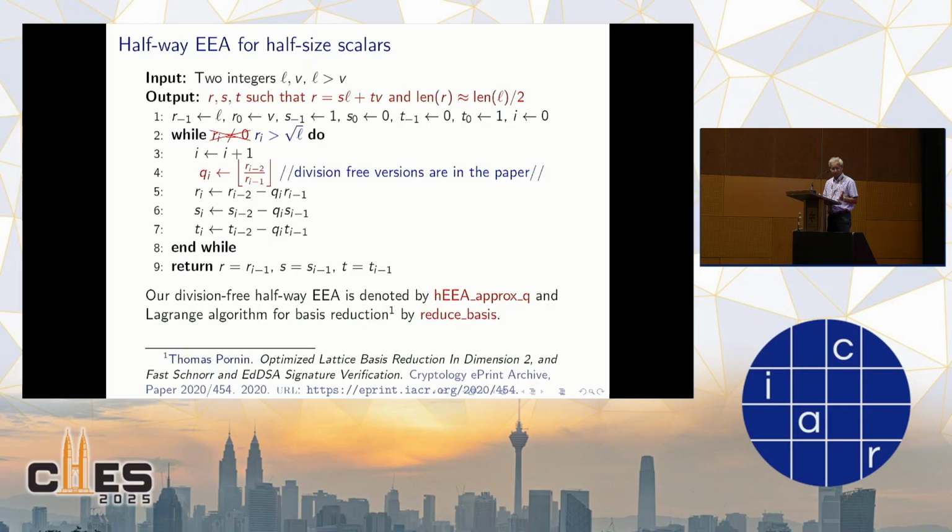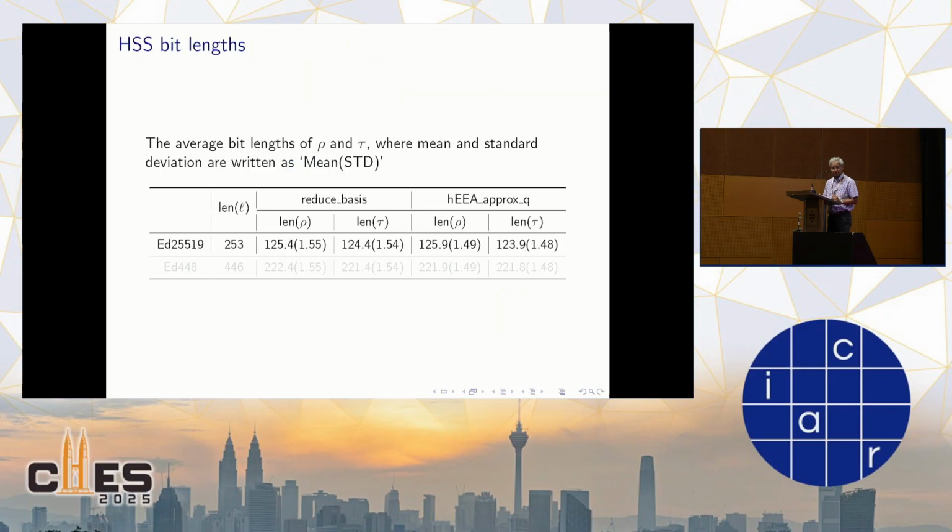And the other method, due to Pornin, is labeled as reduced basis. So this slide shows the size of those two scalars, shown under this reduced basis and approximate Q basis of the half extended Euclidean algorithm.